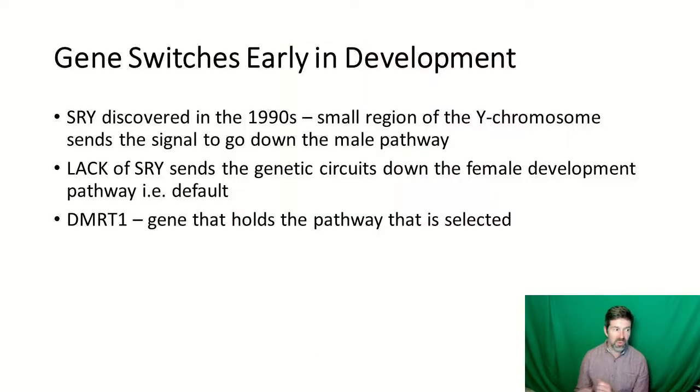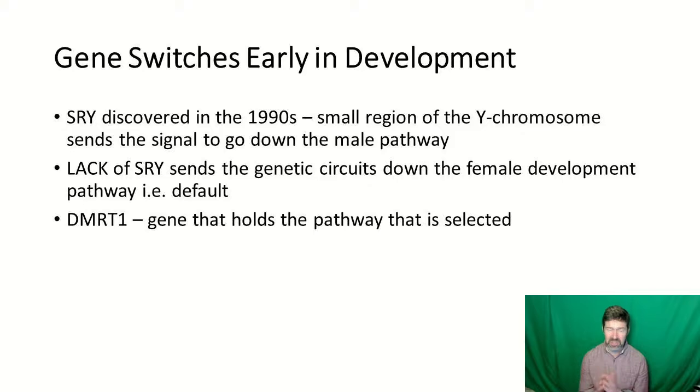And that's what really is going to be the highlight of the molecular mechanism for development of male or female. So really, these gene switches that are turned on very early in development are going to have a role in that.